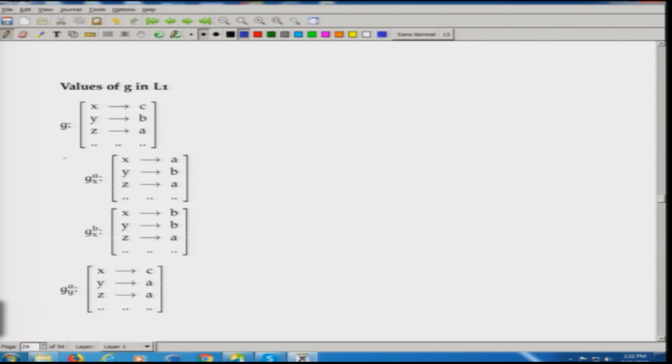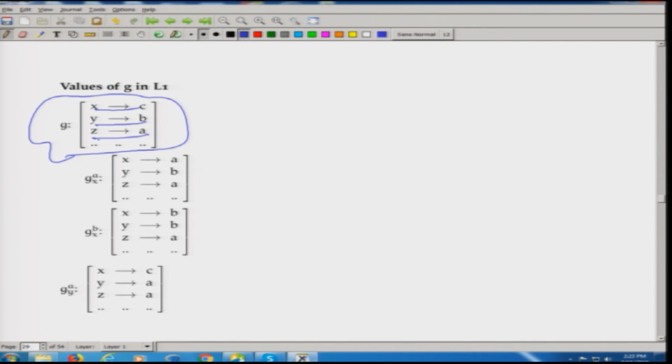This is our initial G. G has many varieties, every variety of G is a G prime rather, but G prime has got a starting point, that is this, which assigns C to X, B to Y, A to Z. Look, it is a random thing, it could be something else, but we have chosen this G. It does not matter what we choose, we shall see that it could be anything.